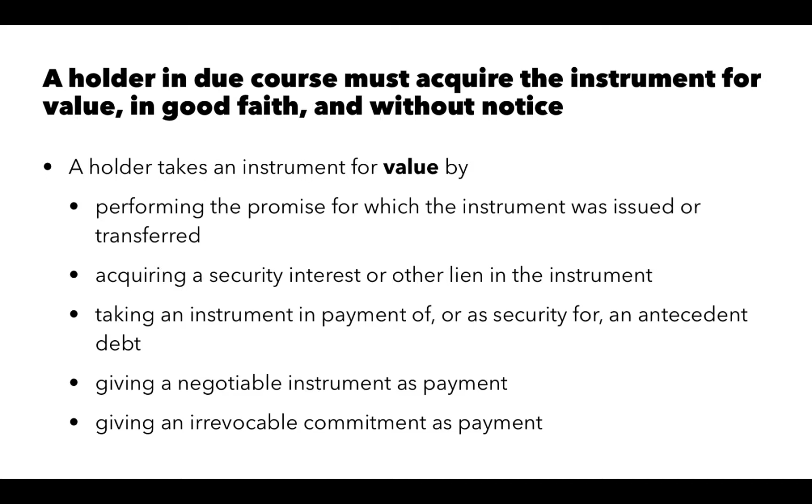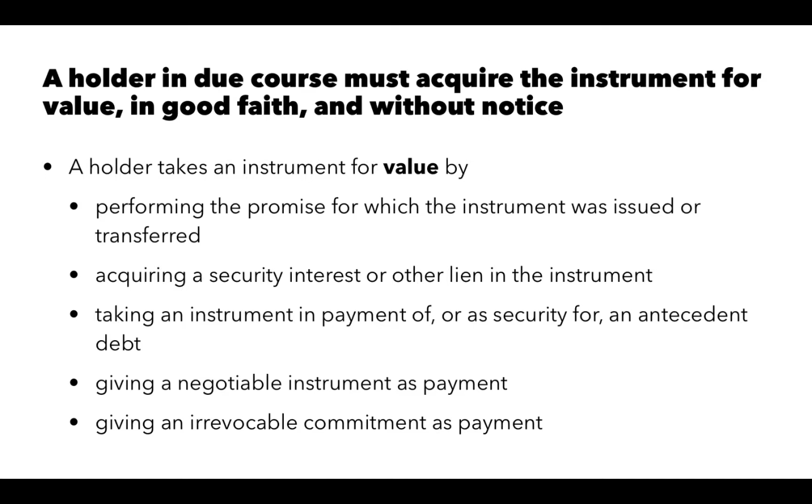Now, this is going to eliminate any instruments that were taken by inheritance, because when you inherit things, you don't actually give money for that. That's free for you. It's going to eliminate gifts. So if your grandfather decides to give you a promissory note that he obtained from someone else, you cannot be a holder in due course because you did not give value for that instrument.